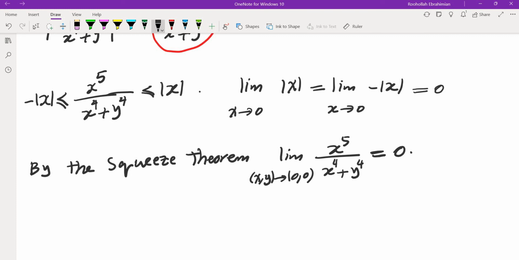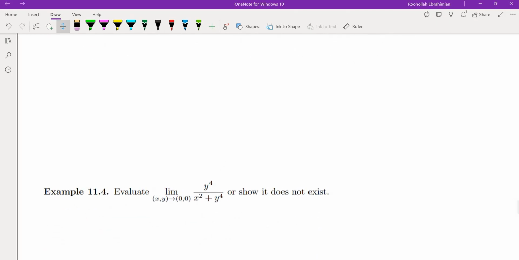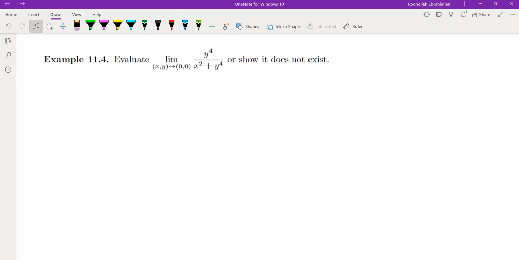Now, notice that in this case, because the denominator is x to the fourth plus y to the fourth, use of polar coordinates is not going to be very helpful. It is possible to do this problem with polar coordinates, but it's going to be significantly more complicated. So I'm going to move on to one more example.